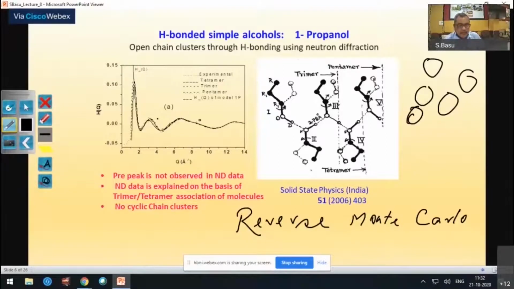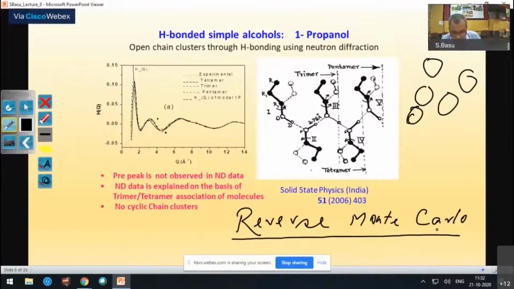Like as you can see here, the fit has been obtained from reverse Monte Carlo. This is quite popular among the liquid and amorphous materials people. So like Rietveld is popular among people who try to obtain the crystallographic structures, reverse Monte Carlo is extremely popular among the people who are working in the liquid and amorphous fields.